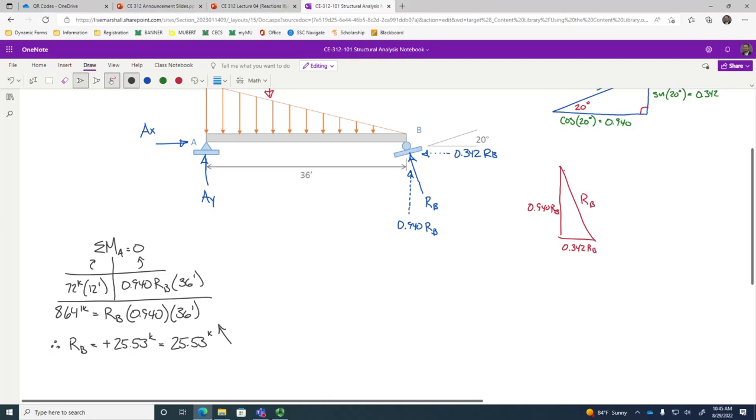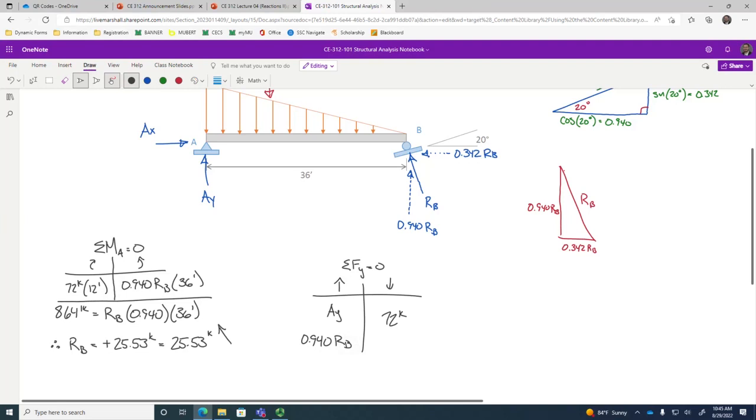So now what we're going to do is sum forces in the y direction. Going downward, the only force that I have is 72 kips. But going upwards, I have AY, and I have 0.940 RB.